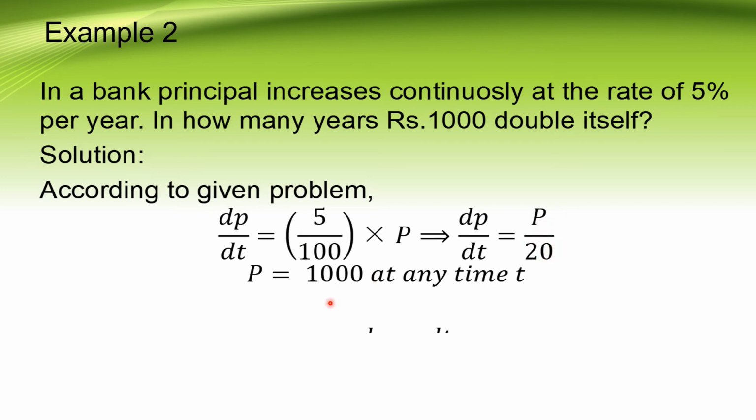After that I have taken capital P is equal to 1000 at the initial time, because the exact year is not given, but at the initial time t equal to 0 the P is 1000. Next we are going to separate dP by dt is equal to P by 20. I'm going to separate the P terms on one side and t terms on the other side. So the capital P comes down to the left side, and dt goes to the right side on the top.